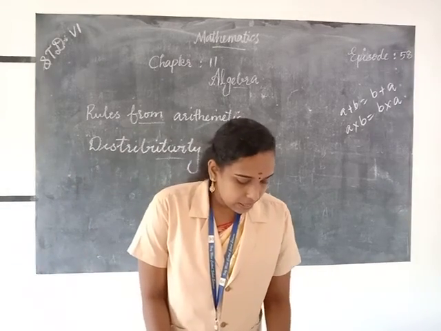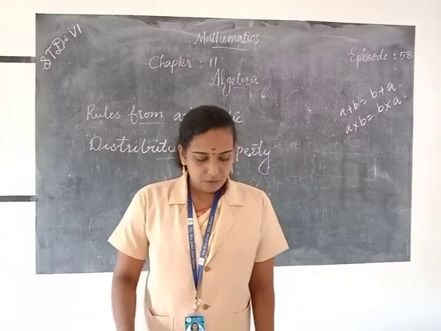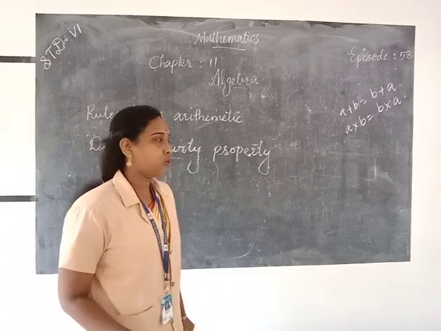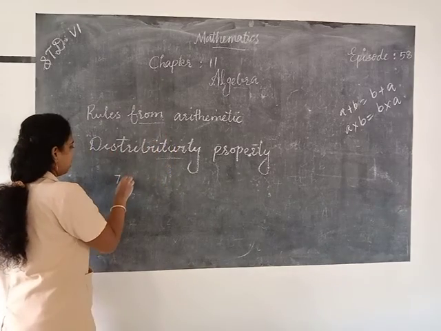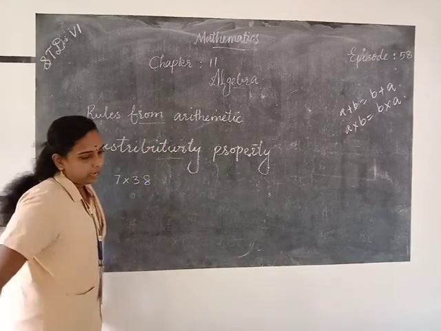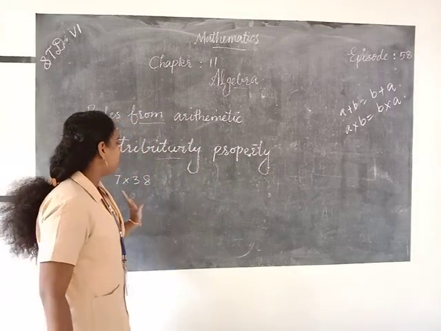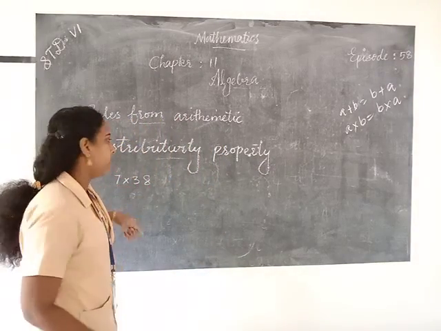Distributivity of numbers means, if we want to calculate 7 into 38, and here we know the table of 7, so we can get the answer in the following ways.